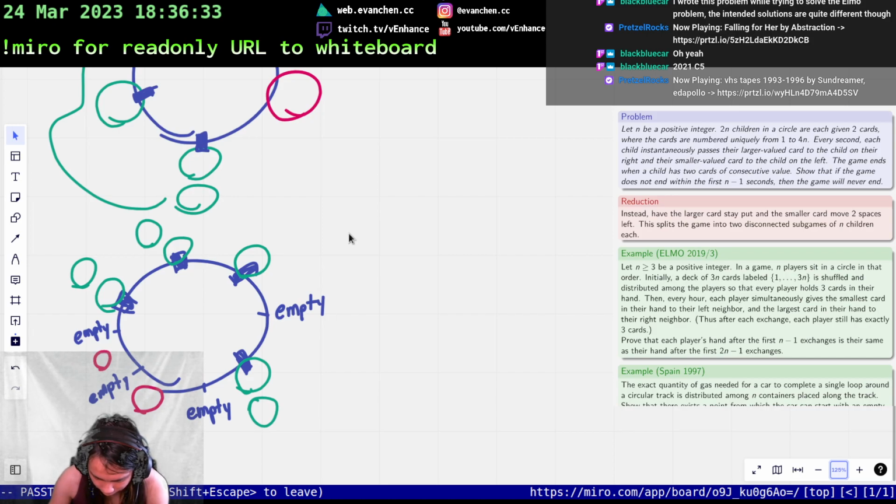Wait, I think I'm still short green circles. I guess I can put a green circle here or something. I need to have... I have one more empty spot than I should.